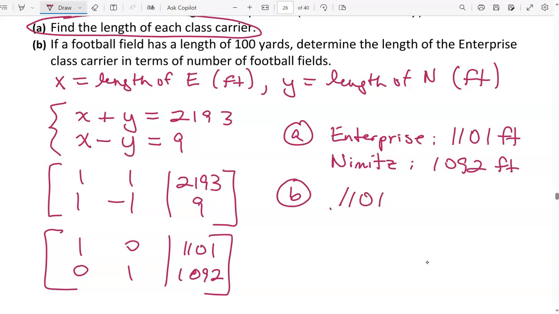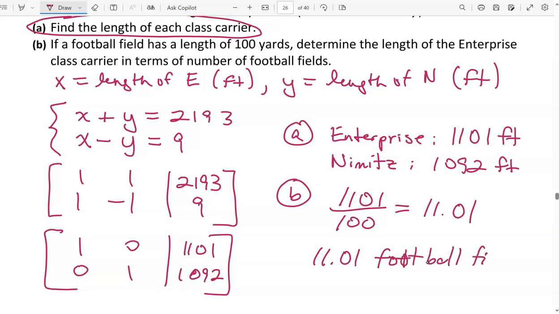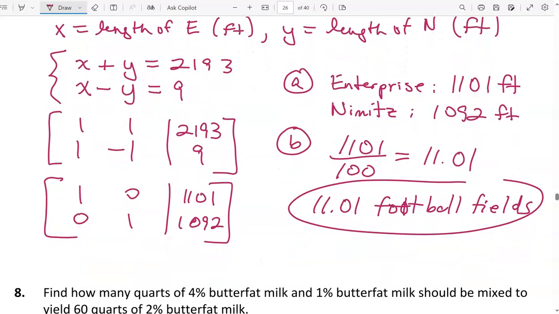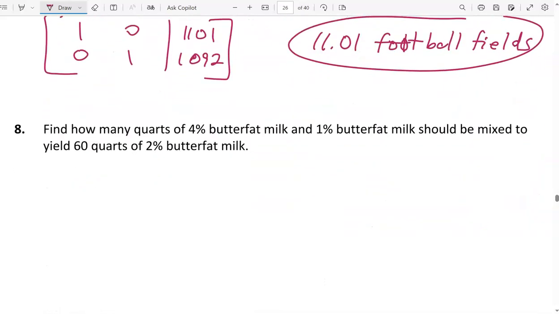So that would be 1101 divided by 100, and we don't even need a calculator for that because that's 11.01, so that's 11.01 football fields long, or it is as long as a little over 11 football fields.